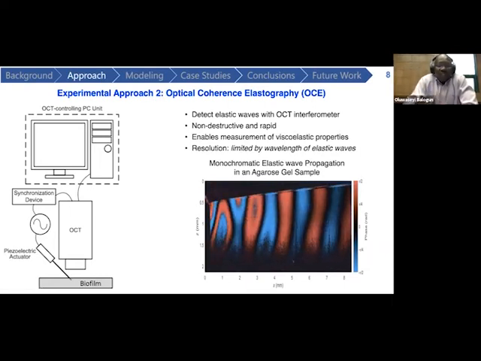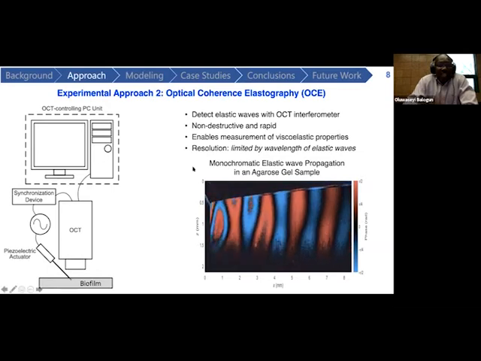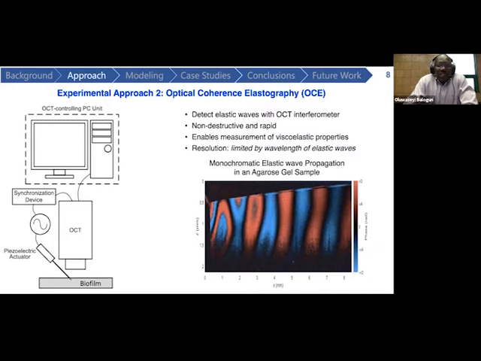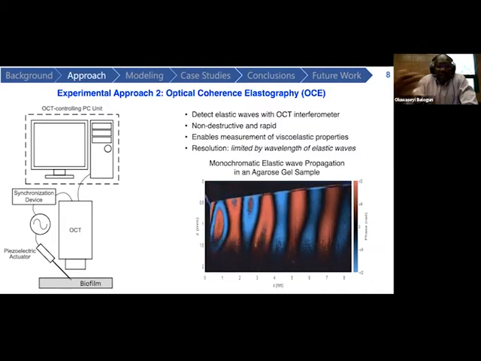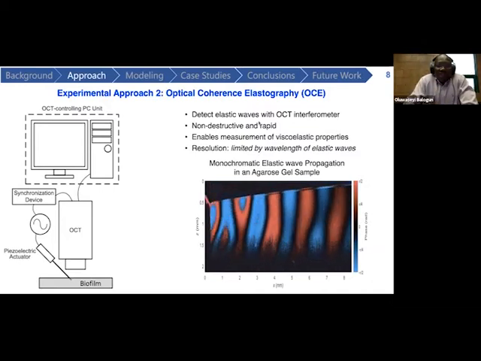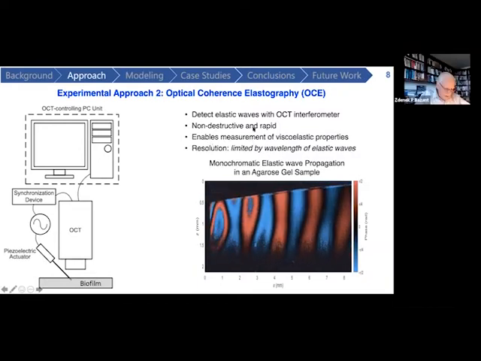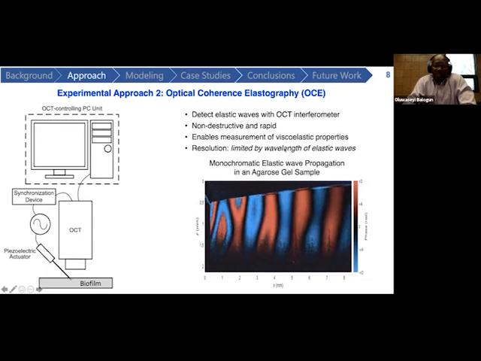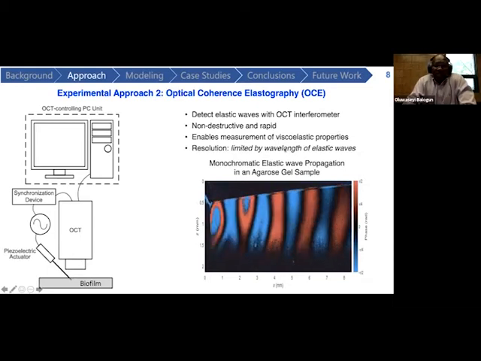So it's relatively fast, and that allows us to adapt to changing viscoelastic properties as these biofilms adapt to their local environment. And what we're measuring is the viscoelastic properties. I'll talk a little bit later about the wavelength of these elastic waves.